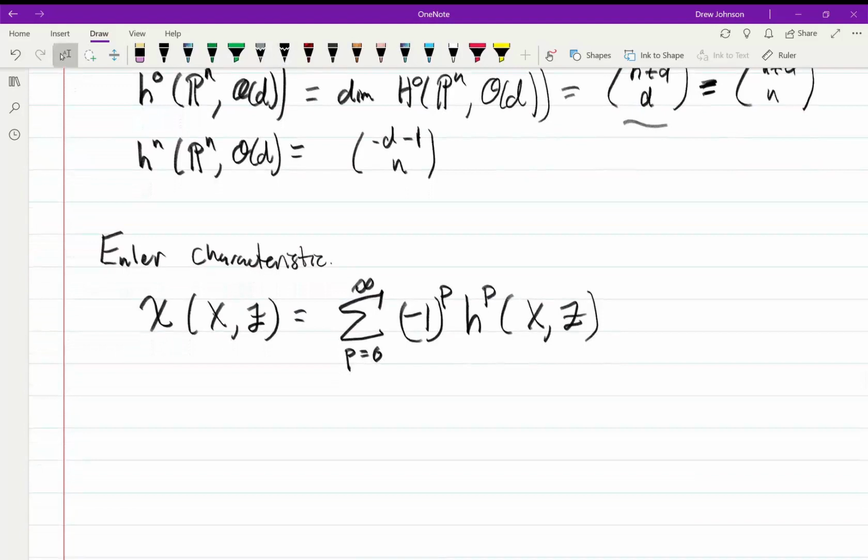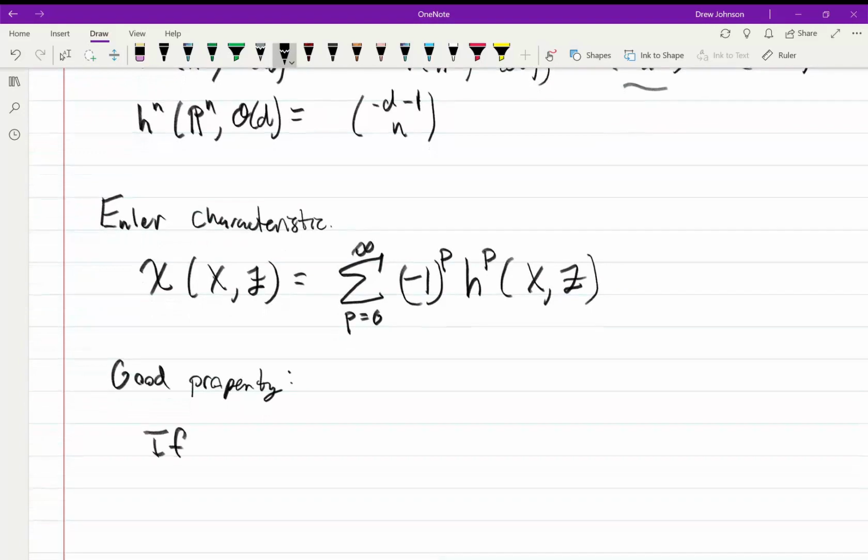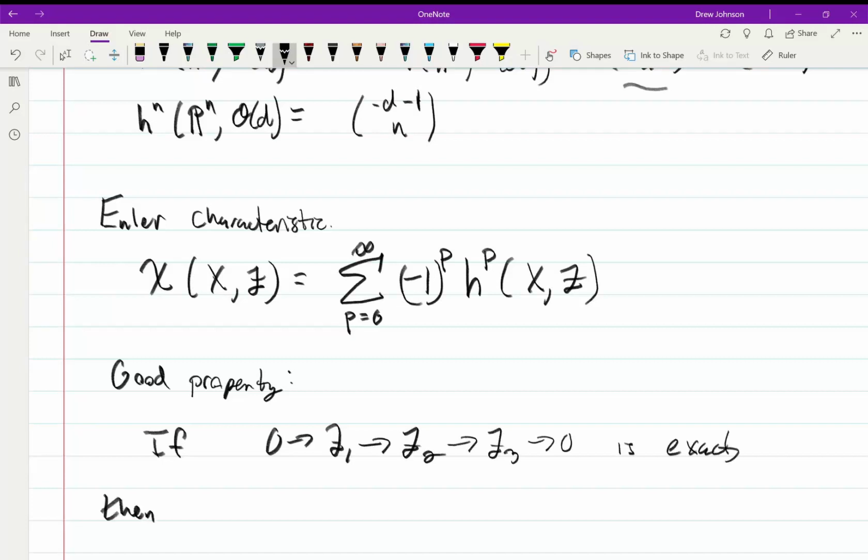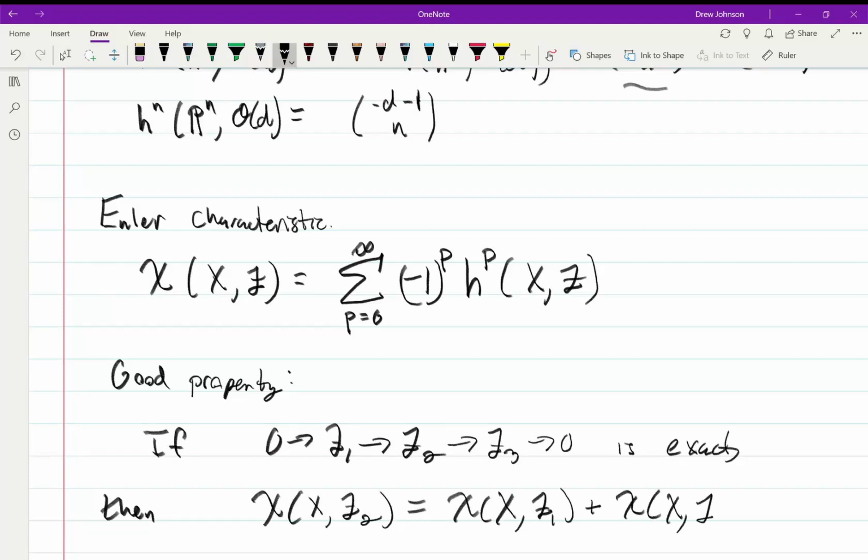Now here's the good property. If we have an exact sequence of sheaves, then the Euler characteristic is additive. So the Euler characteristic of the middle thing is the sum of the Euler characteristics of the outer things.